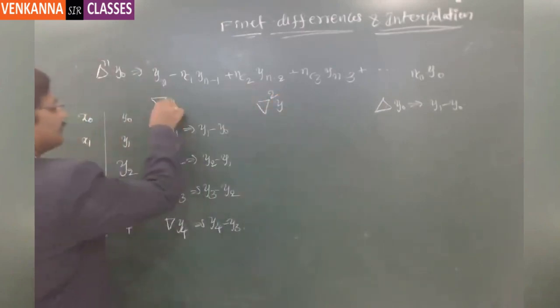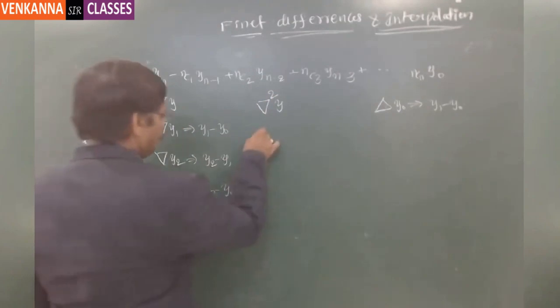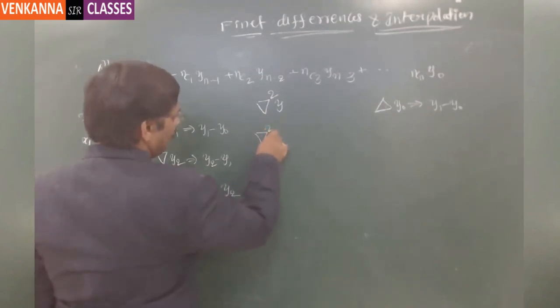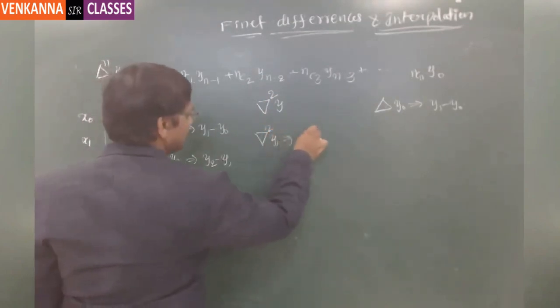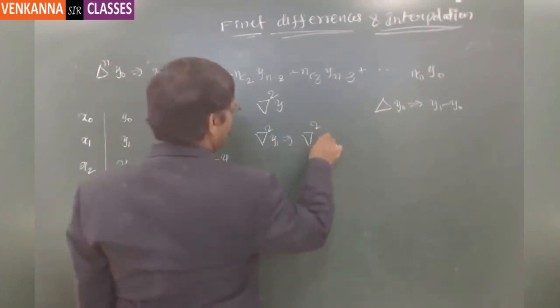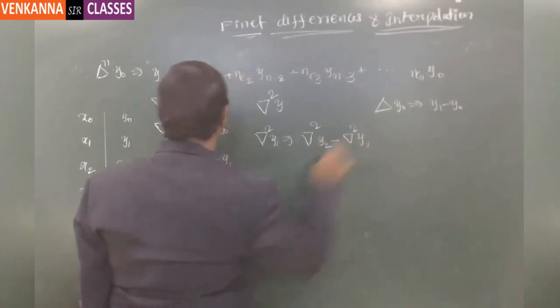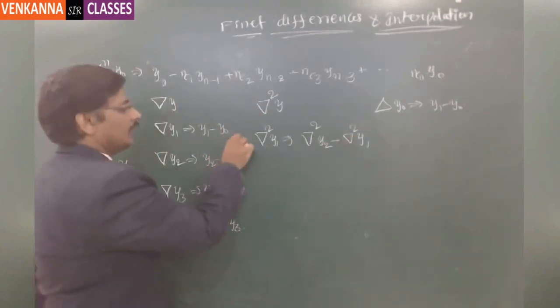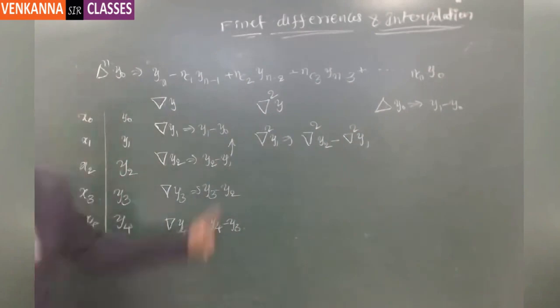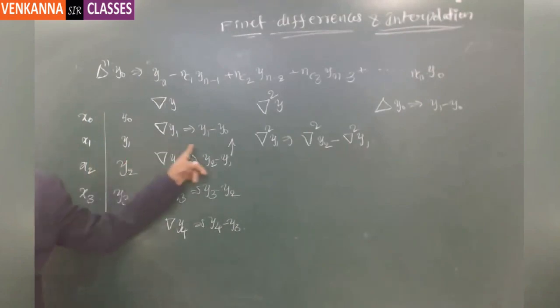So similarly, this is del of y. Now this again is del square of y. Del square y2 minus del square y1 gives the difference, which is operated as del square of y1. So rather than coming from this line, this is going to come in this particular line. Got it?